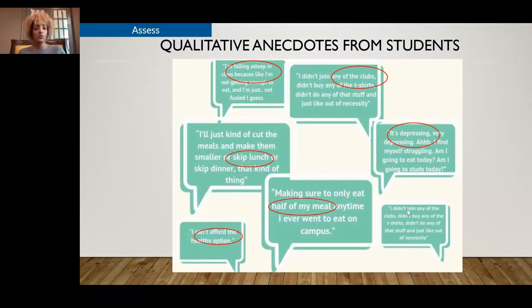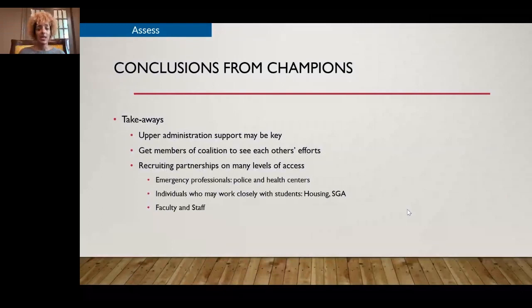So some of the conclusions from our champions, remember we did speak with our champions, and some of the takeaways, again, we cannot stress how important it is to get the support of the upper administration, and that we have to make sure that everyone on the campus coalition is respected and that their efforts are being shown and seen.